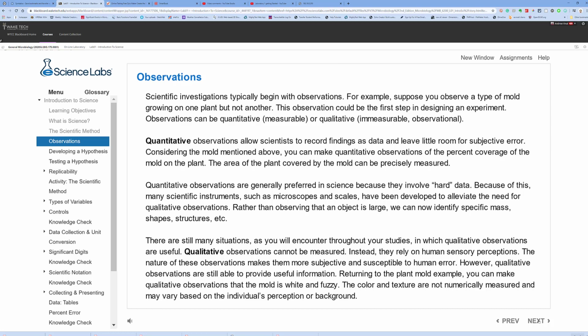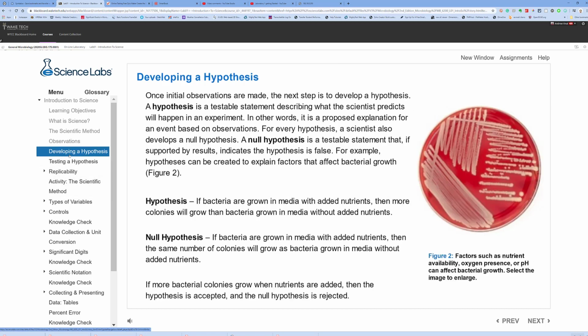You're actually coming up with data that you can test and make a conclusion from. So quantitative observations are generally preferred in science because they involve hard data, and that's because I can point you to this data, and that's important. So you could read through that section.